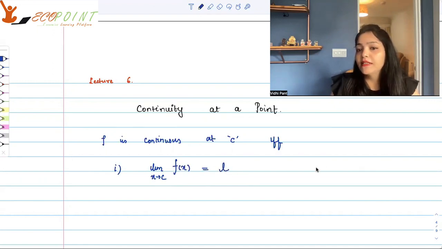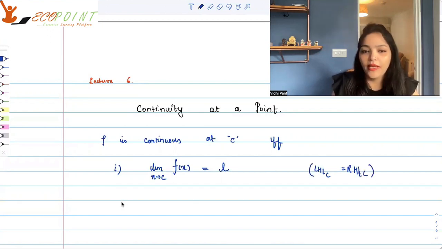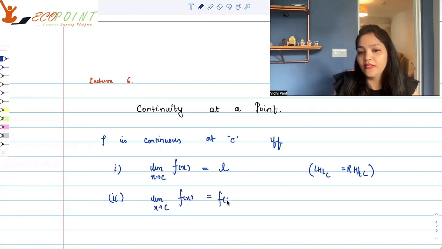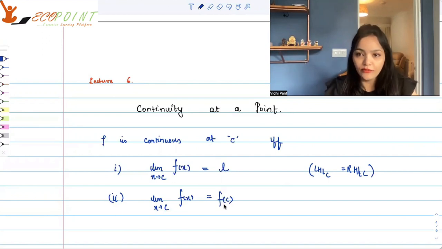That means the left-hand limit at c should be equal to the right-hand limit at c. And number two, this limit is nothing else but the functional value at this point c. That is, the limit as x tends to c of f(x) is nothing but f(c). That gives you the essence of continuity at a particular point.